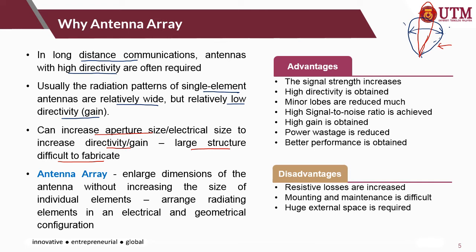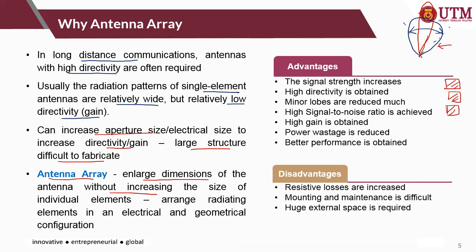Therefore, the antenna array comes into place, where we can use a smaller structure, a single element, and the same size will be repeated together. Then it becomes an antenna array, so that the size of the element is maintained, but we enlarge the electrical dimension of the design so that we can improve the directivity.